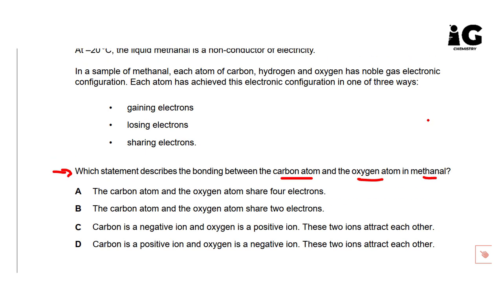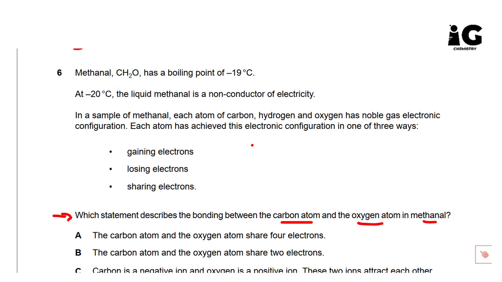So the question is, which statement describes the bonding between the carbon atom and the oxygen atom in methanol? If we come back to the compound, it's called methanol, and its molecular formula is CH2O. If we draw the structure, it's better to draw the displayed formula as in organic chemistry. Here we have carbon, a double bond to oxygen, and then single bonds to each H. So this is methanol.